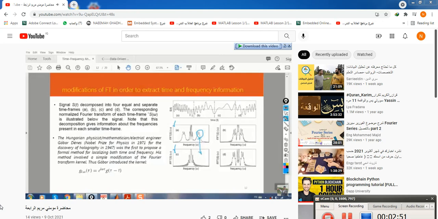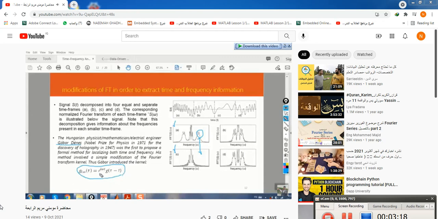And from this idea, one person called Gabor Dennis proposed a simple modification of the Fourier transform kernel.